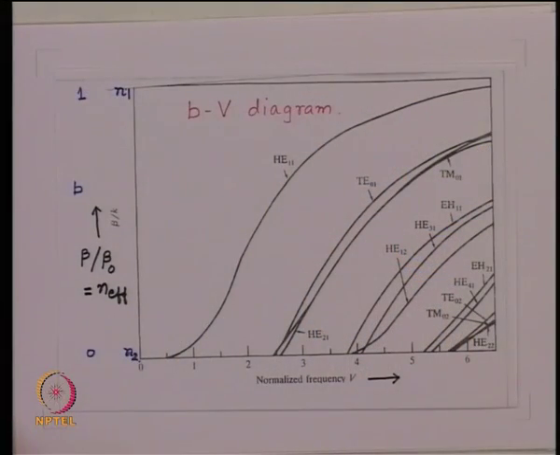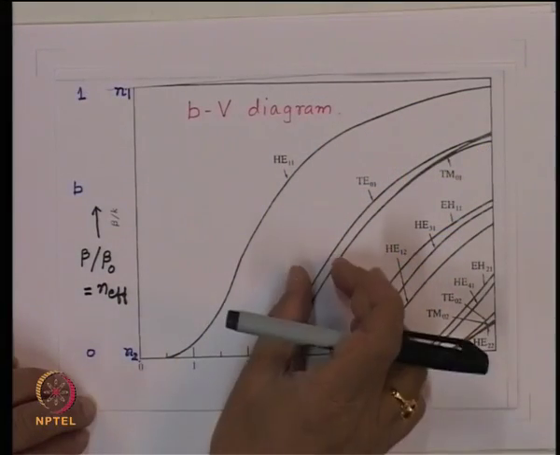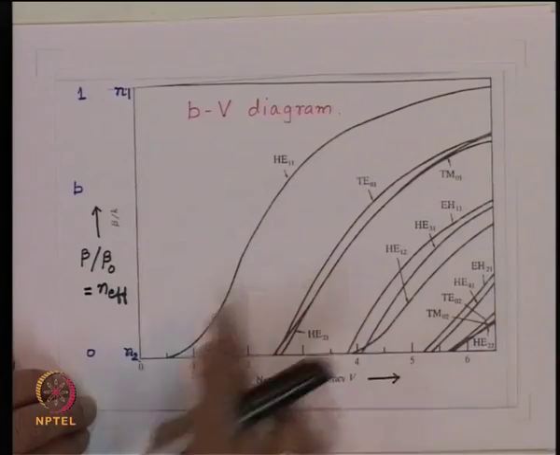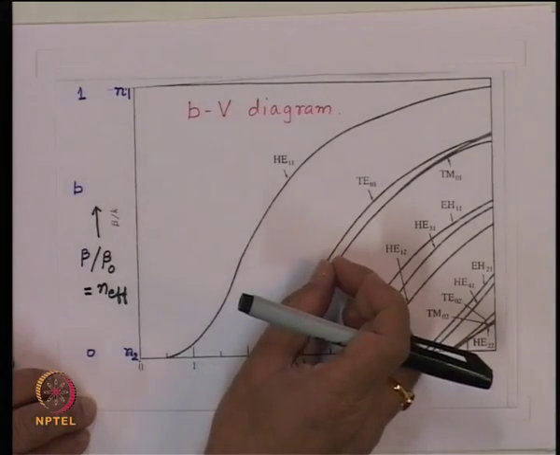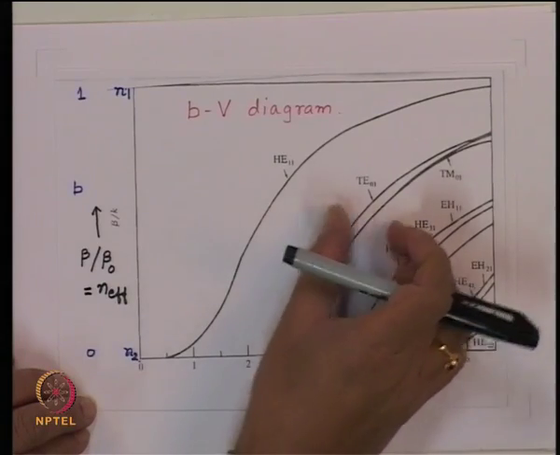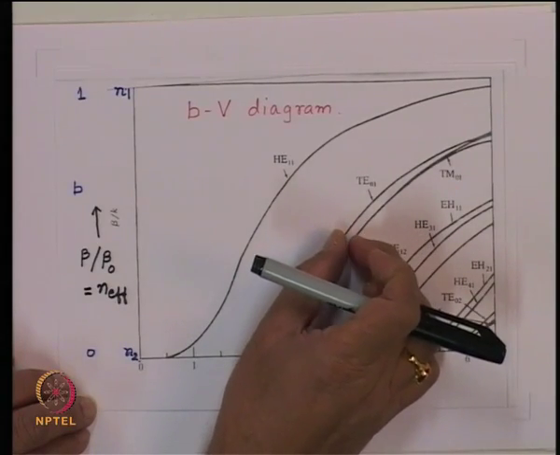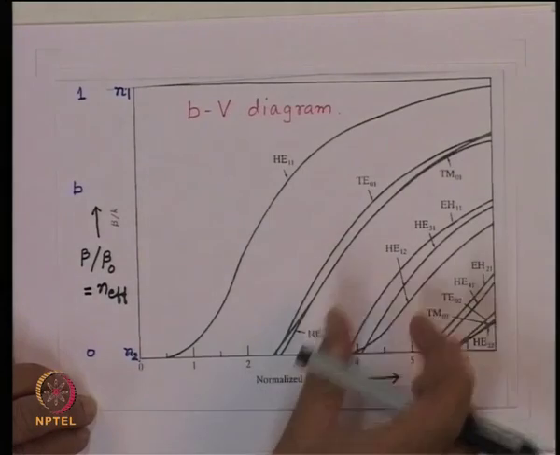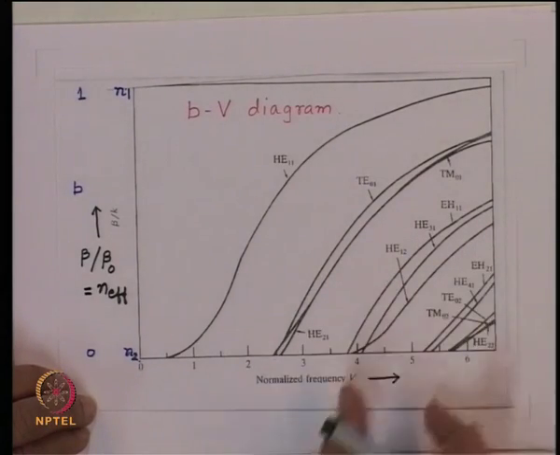In terms of the BB diagram, what essentially is happening is that as N1 approaches N2, the modes which you see separately here in this group almost become degenerate. That means the characteristic BB diagram for this set of modes almost merges into each other. Similarly, these modes will merge into each other, and these as well.